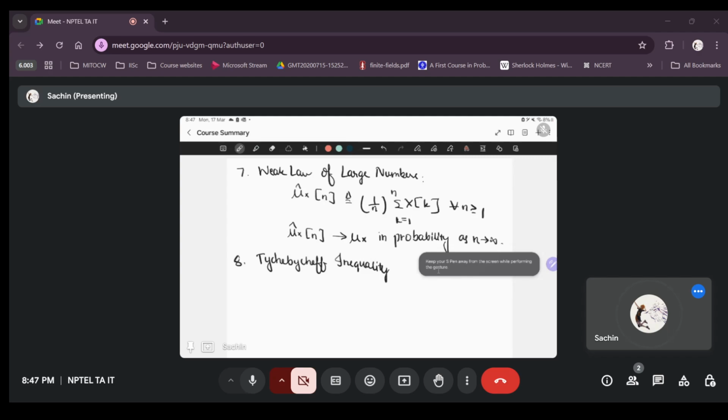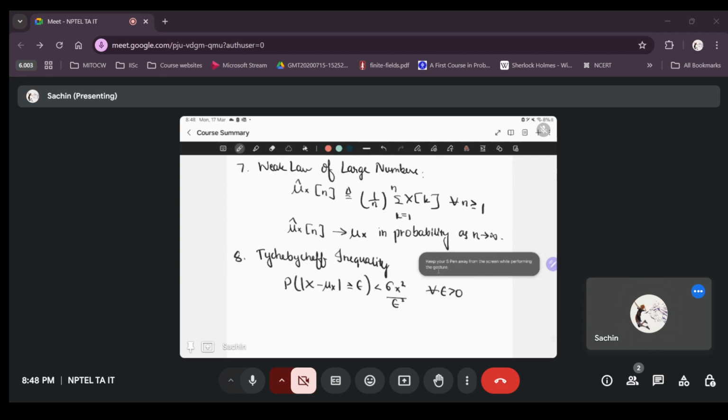Well, you don't get Chebyshev from that, but the Chebyshev inequality is also needed for further results. So we'll write P of mod of x minus mu of x greater than or equal to epsilon is less than or equal to sigma x square over epsilon square, for all positive epsilon.